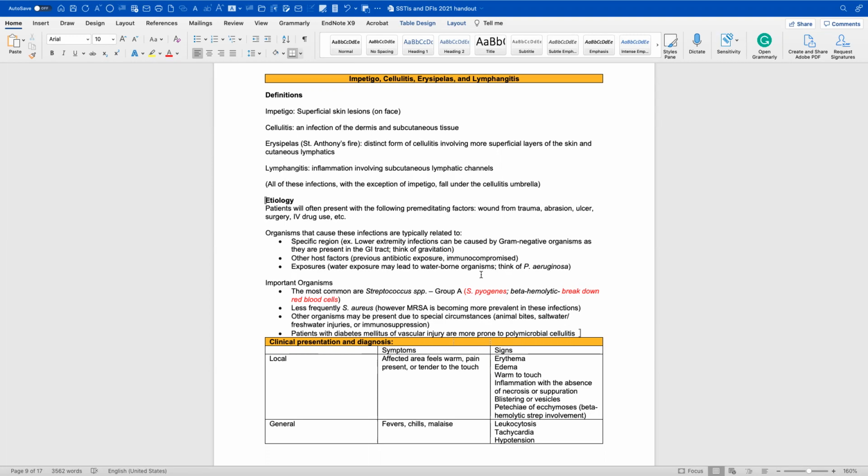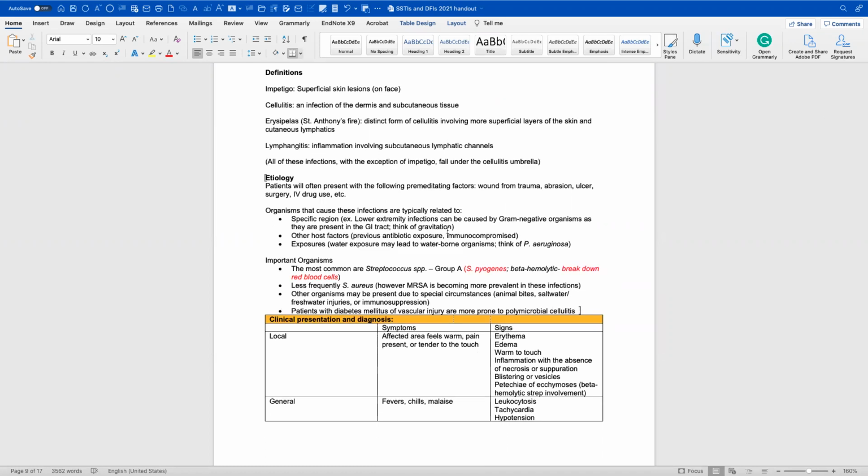And then you can have lymphangitis, which is inflammation, including the subcutaneous lymphatic channels. So all of these infections, with the exception of impetigo, fall underneath that cellulitis umbrella, meaning it's inflammation of just the cells in various areas, or the lymph nodes in various areas.